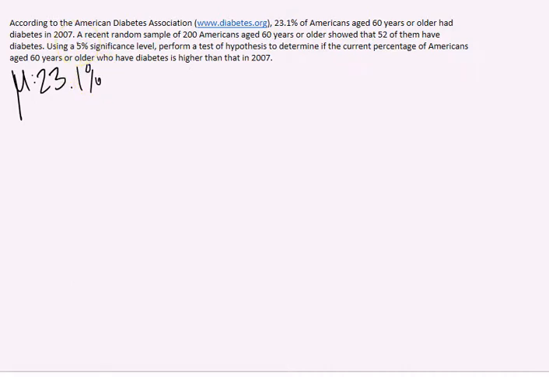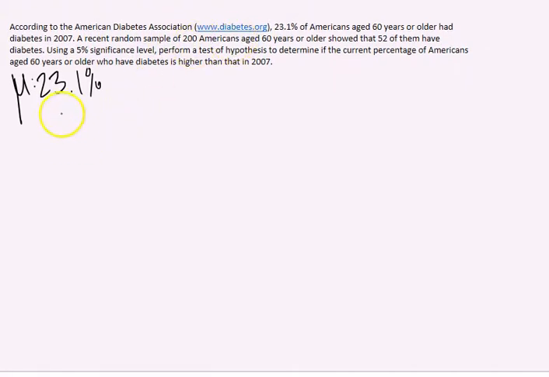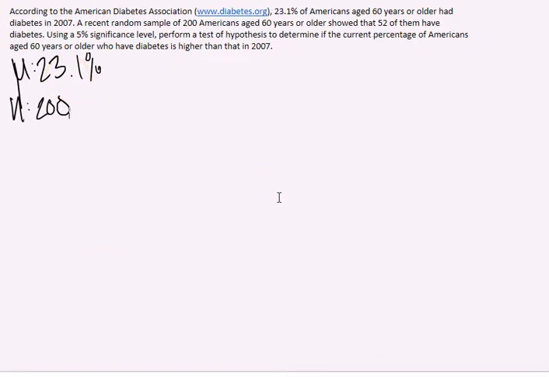Next, we see a random sample of 200 Americans. It's very clear here that N is 200. That's how many people have been sampled. It showed that 52 of them have diabetes. So that's the number correct out of the 200, 52.